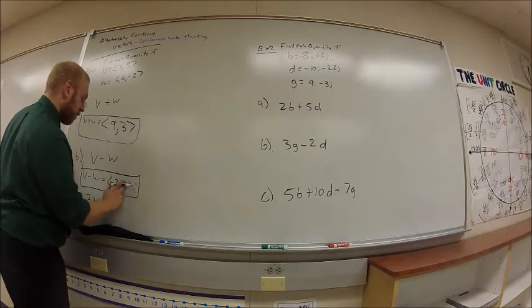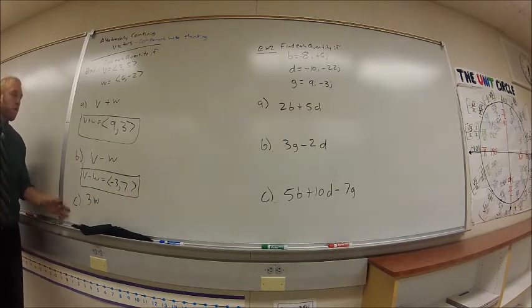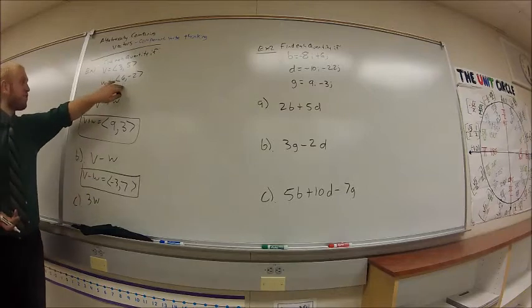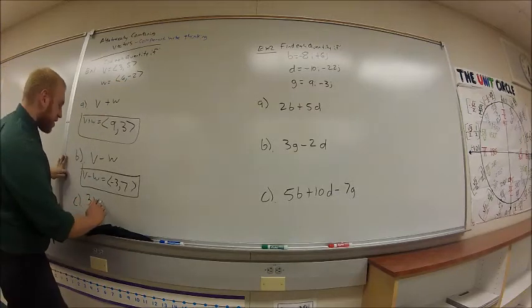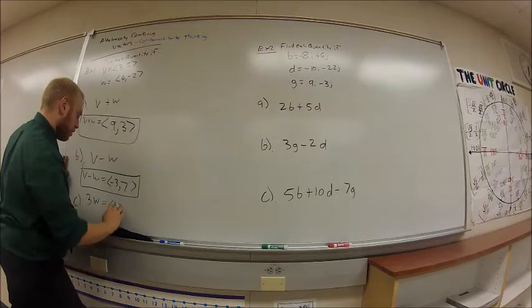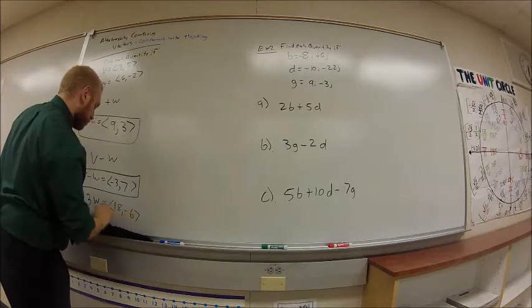Let's put the right symbol there. There we go. And then for 3w, well, remember from what we just did before, all we've got to do is multiply each component by 3. Well, w was 6, negative 2. So 3w is going to be 6 times 3, 18, comma, negative 2 times 3, negative 6.